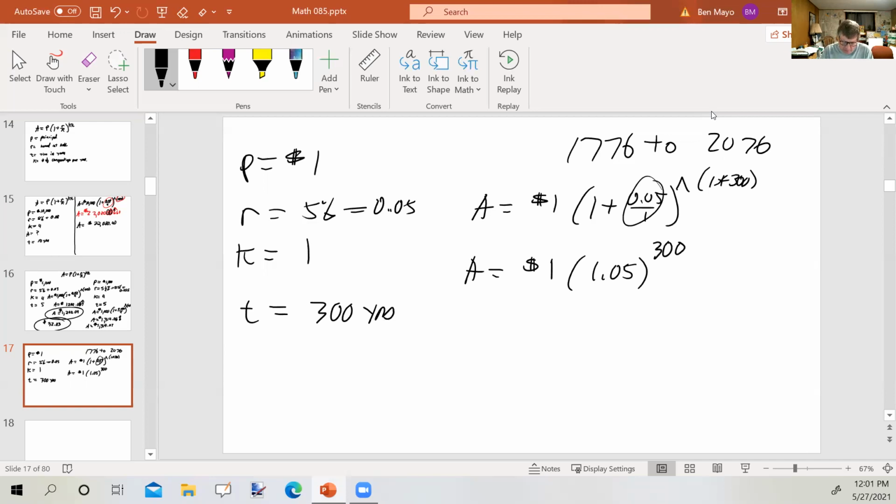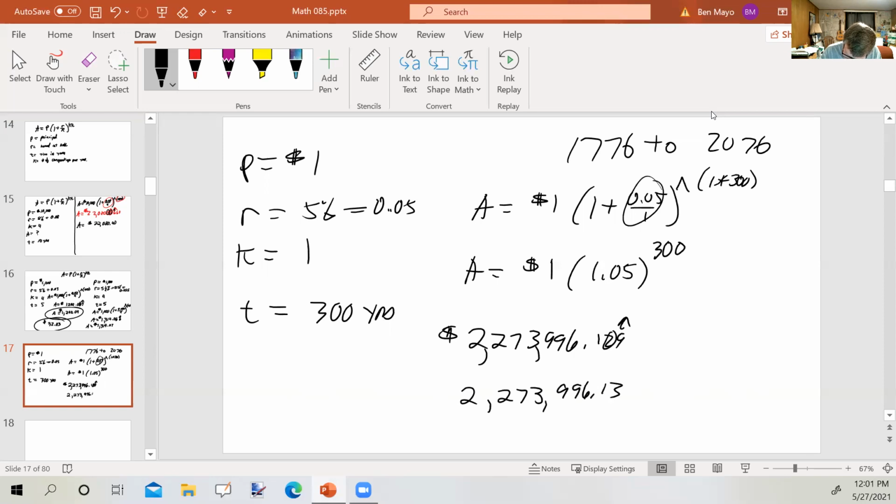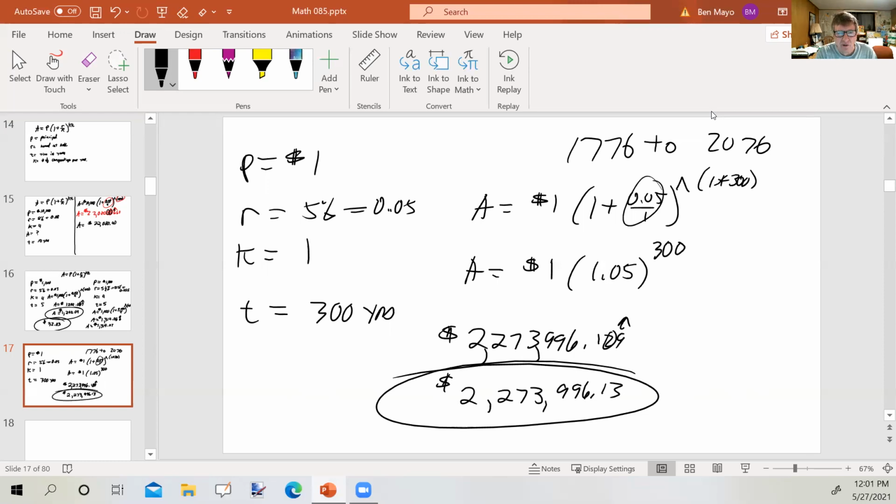So if we take 1 times parentheses 1.05 raised to the power 300, we get 2,273,996.129. Rounding the 9 up, $2,273,996.13. So, don't you wish you'd invested $1 at 5% back then?